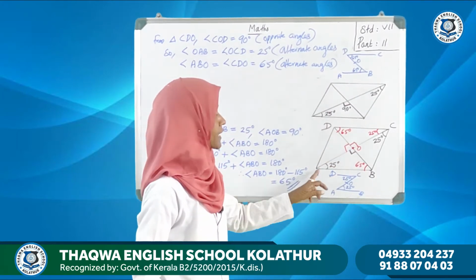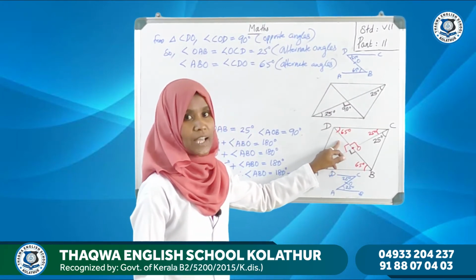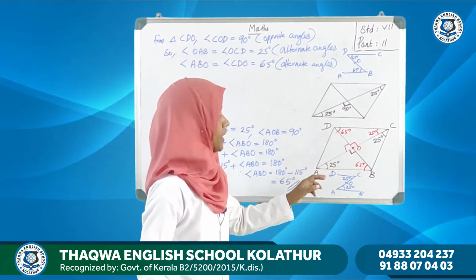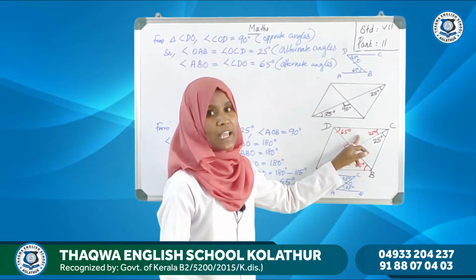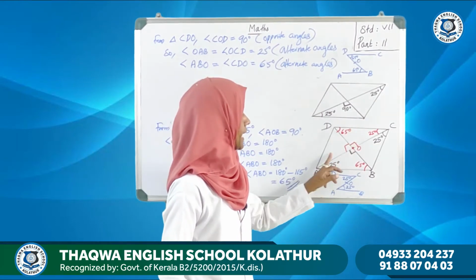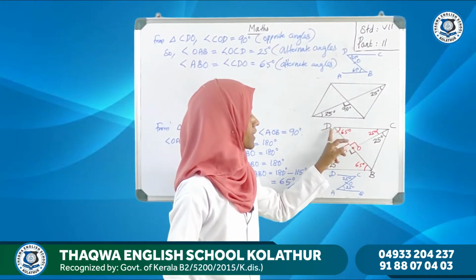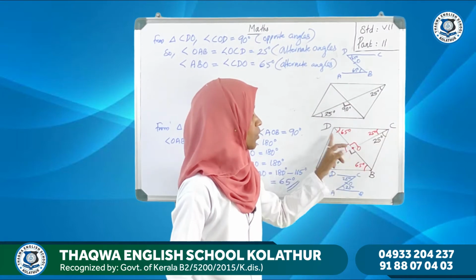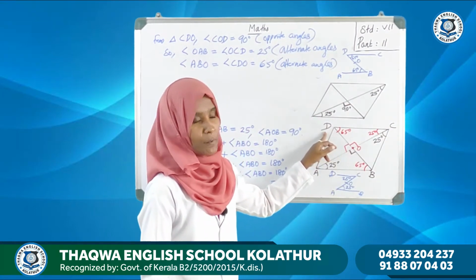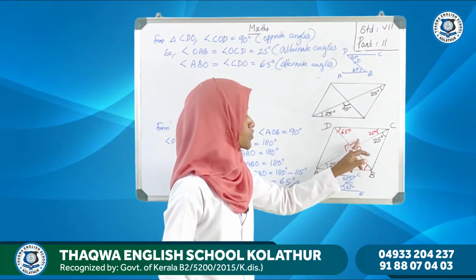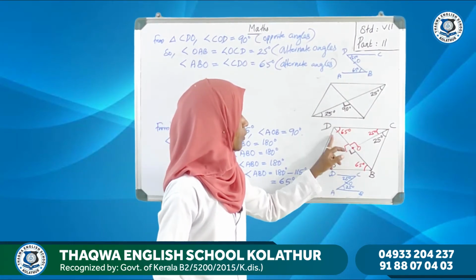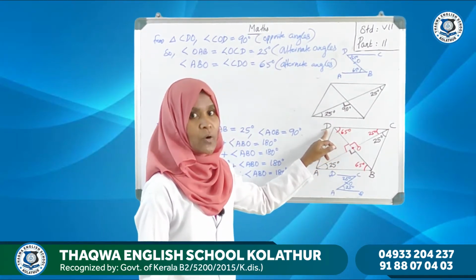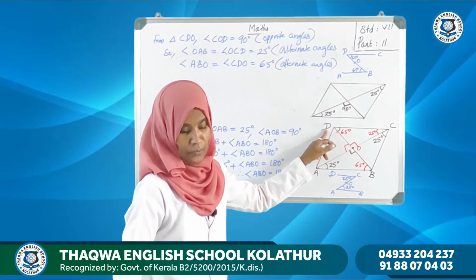How to find out angle AOD? Can you say? Yes. These two angles form a linear pair. Angle AOD and angle DOC, or COD, form a linear pair. That is, the sum of these two angles is 180 degrees.